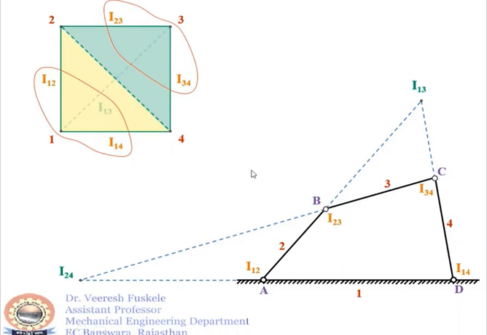So finally, I24 will be located by the intersection of the line joining I12 and I14 and the line joining I23 and I34 as shown here. So this is how we locate I24.